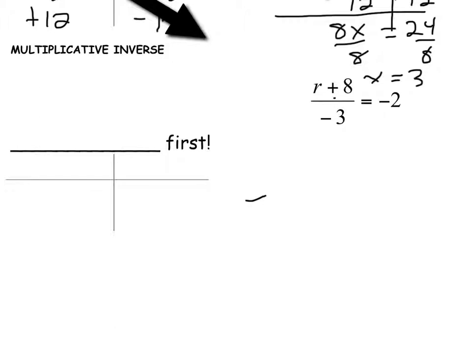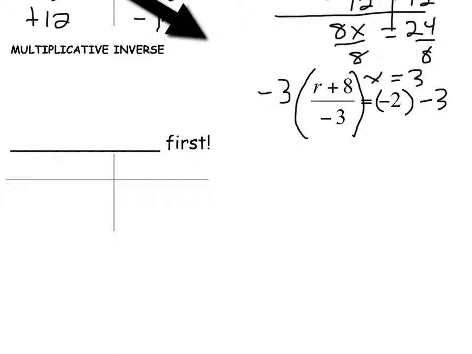So what I want to do first is use the multiplicative inverse property. In other words, if I see negative 3 at the bottom, I want to multiply by negative 3 on both sides. Because what that really means is negative 3 is actually 1/3. It's in the denominator, so I want to multiply by its reciprocal.